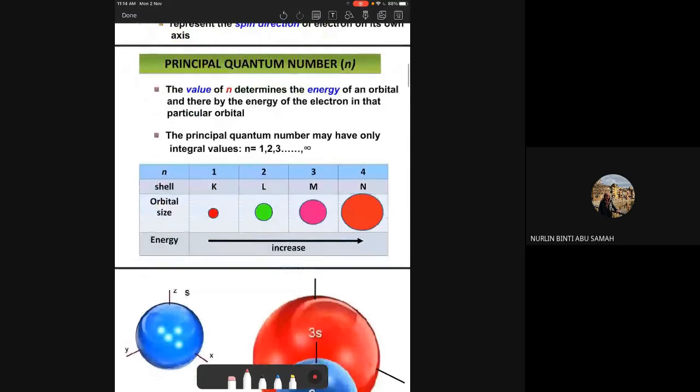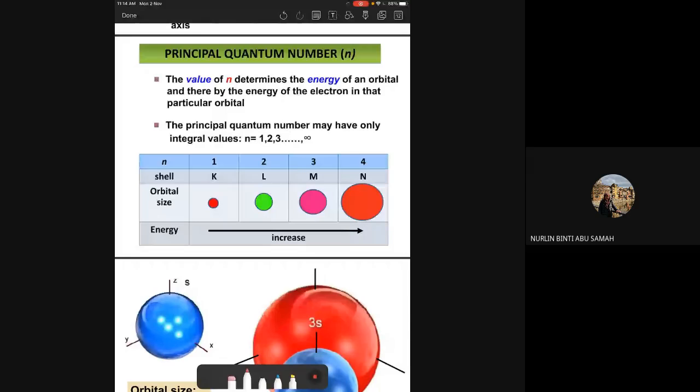Okay, so by the time we try to understand what is N, I believe that most of you already understand. N is actually the number of row, and you can see that the variation of the size also affected. Okay, the size of the atomic also affected. So semakin besar nombor N dia, the energy also increase, and also the orbital size. Okay, this is what you can understand from this slide.